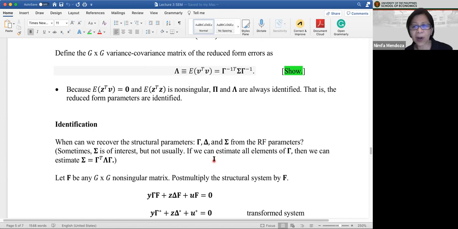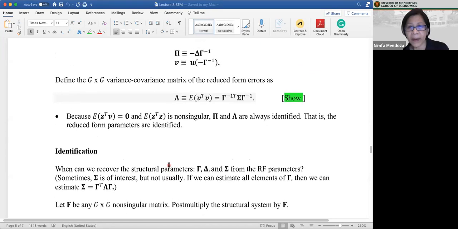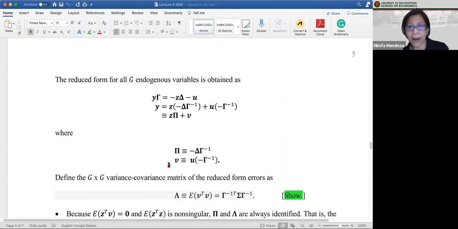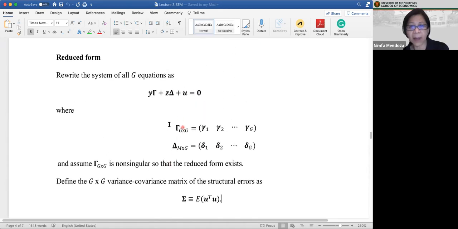If we can estimate all elements of gamma, then we can estimate sigma using this relationship. What is gamma? Gamma is just this. There are the coefficients of the endogenous variables.